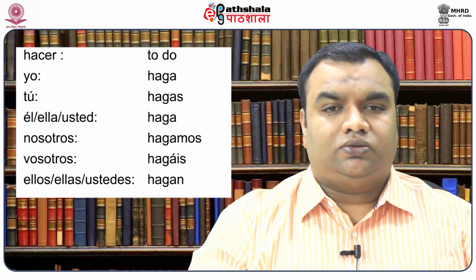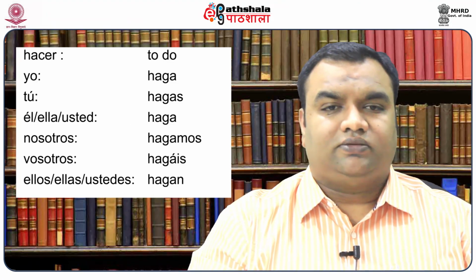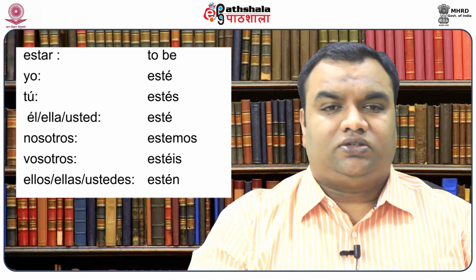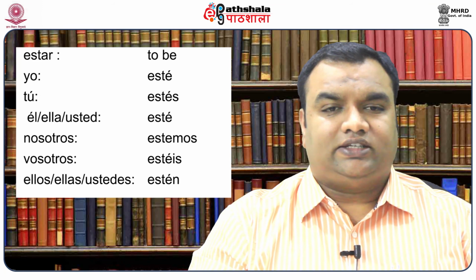Hacer, which means to do, in the present subjunctive is conjugated as yo haga, tú hagas, él, ella, usted haga, nosotros hagamos, vosotros hagáis, ellos, ellas, ustedes hagan. Estar, which also means to be, like ser, is conjugated as yo esté, tú estés, él, ella, usted esté, nosotros estemos, vosotros estéis, ellos, ellas, ustedes estén.